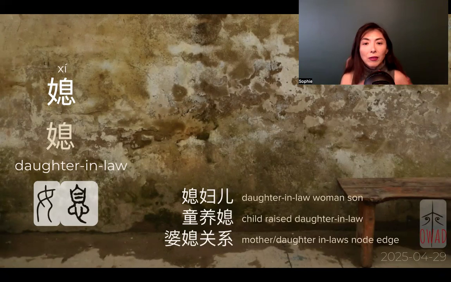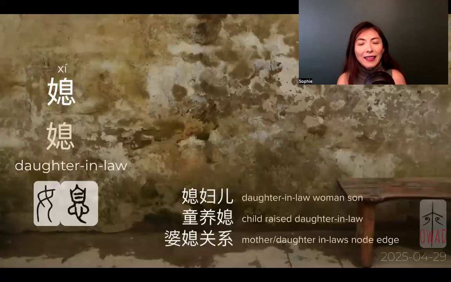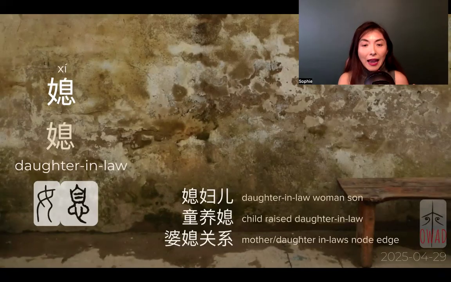And then you marry her to your son when she's a teenager or so. So 童养媳 was almost like an ancient, societally accepted human trafficking way, except that 童养媳 most likely was not human trafficked.